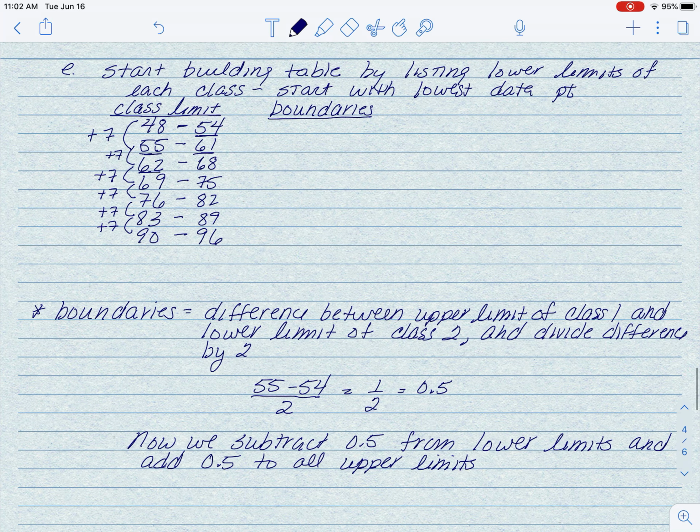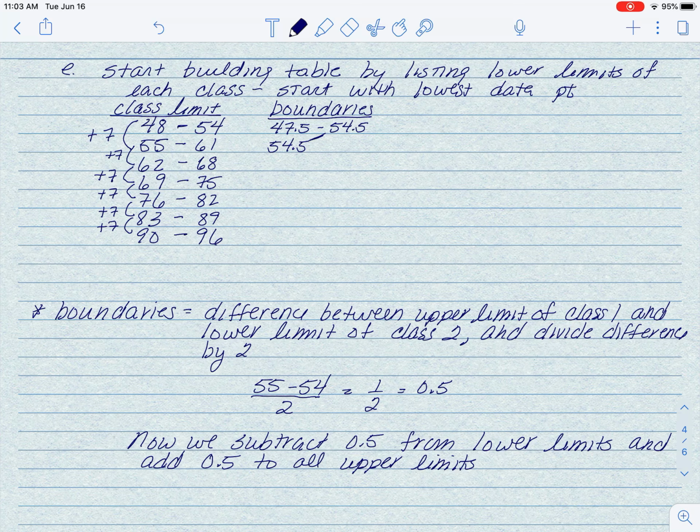Okay, so if we look up here at our boundaries, we're going to go 48 minus 0.5. And so 48 minus 0.5 is 47.5. That becomes our lower boundary, and then the upper boundary is 54.5. Now 55 minus 0.5 is going to be that 54.5.